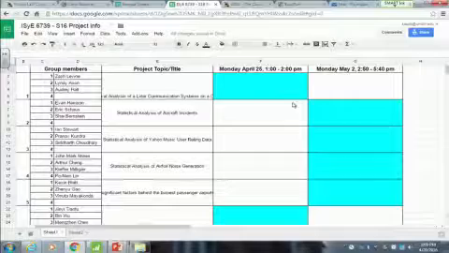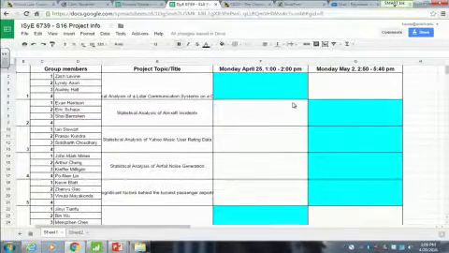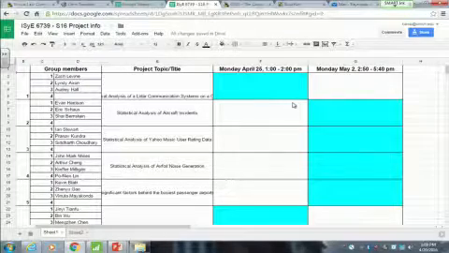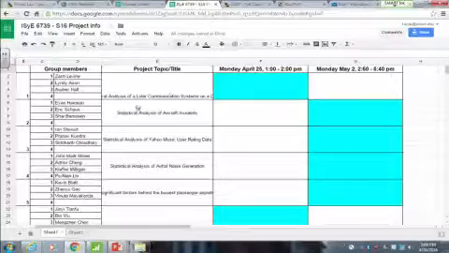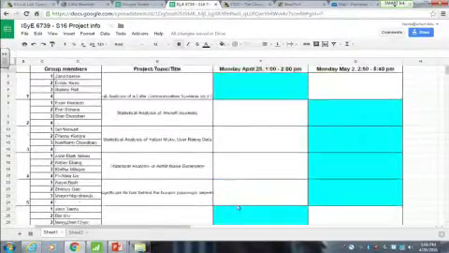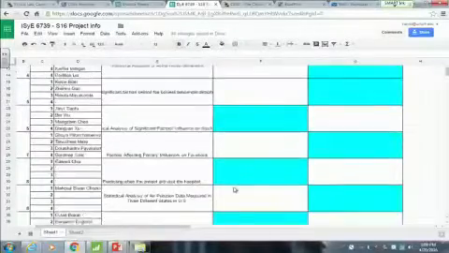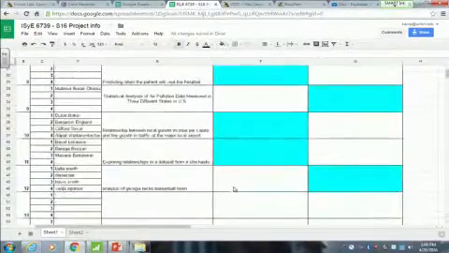And I randomly selected 5 groups to present on the 25th. And then the remaining groups will be presenting on May 2nd, okay? And so the first group, this is another group for the 25th, this one, and these 2 groups, okay?